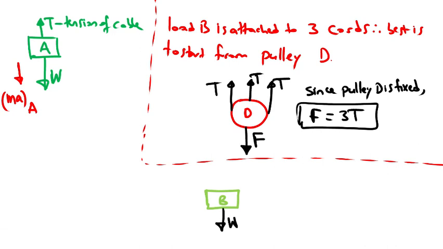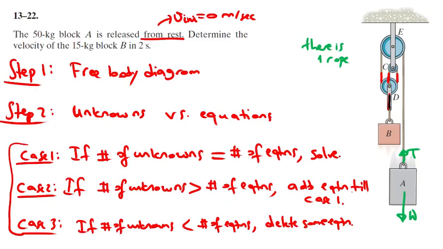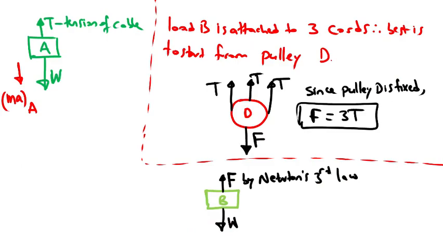And then there will be the same force F, by Newton's third law, because the force here and that one will be F. And then again we will have the acceleration downward, that will be m a of B.